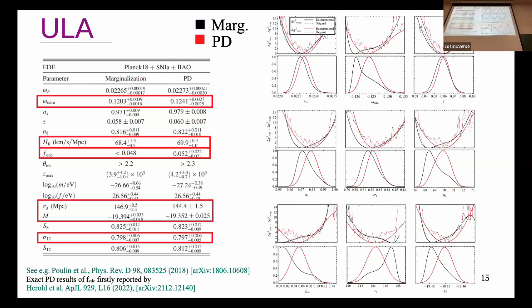For instance, the absolute magnitude of supernovae type Ia. Okay. The value of the sound horizon at the baryon drag, the value of n_s. Omega_b is not that much affected, but other parameters such as omega_cdm are also very affected by this issue. And of course, H0.